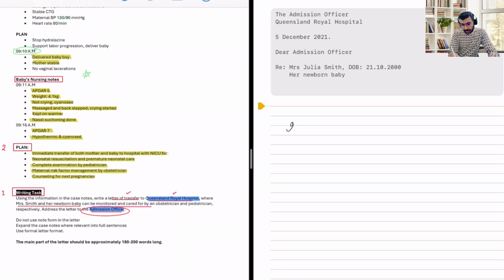First is introduction. Second is past medical history. Third is the patient's presenting complaint.